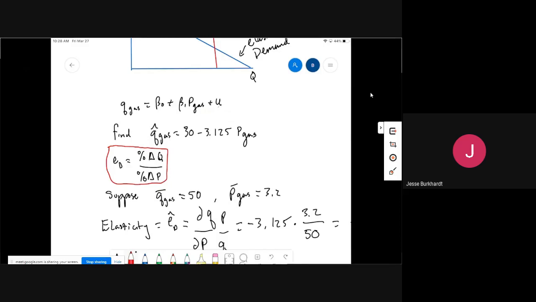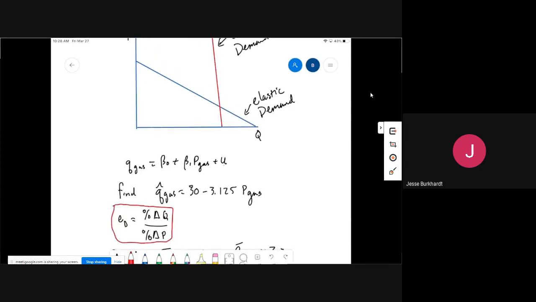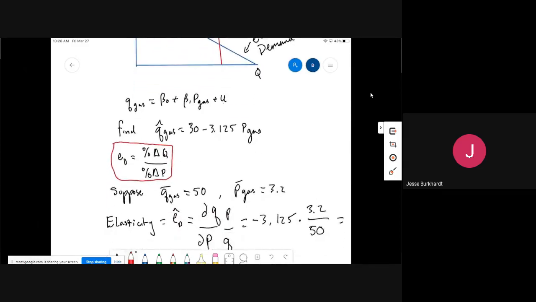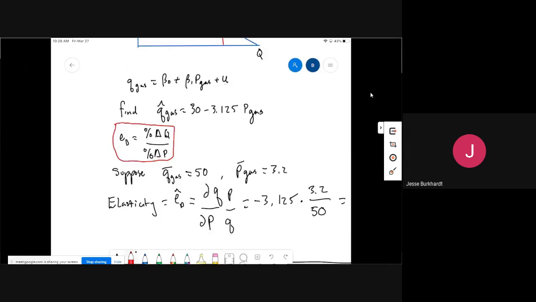From economic theory, quantities should decline, which is why demand curves are always sloping downwards. So this elasticity formula indicates that when prices go up, quantities should go down. So what percent do they go down? That's the question that we're trying to answer with an elasticity.